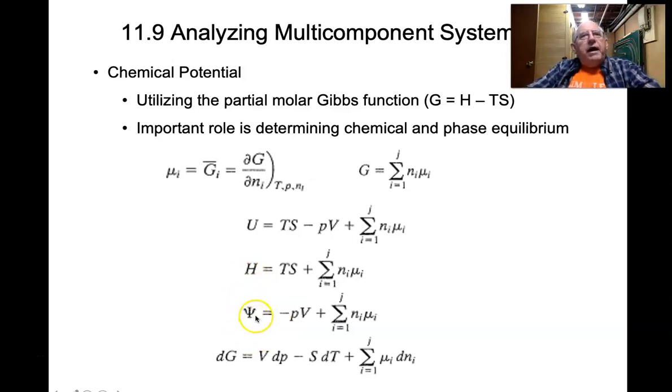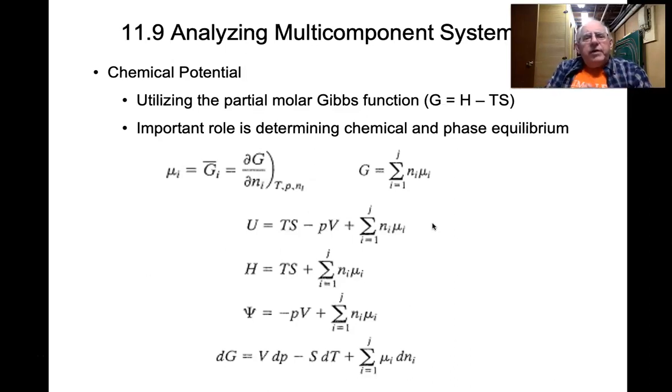Again, we'll define that in combustion, but in essence, we can talk about something that is referred to as a chemical potential. And that chemical potential is related to how this Gibbs function changes for a particular component in the mixture if that component changed, holding everything else the same.